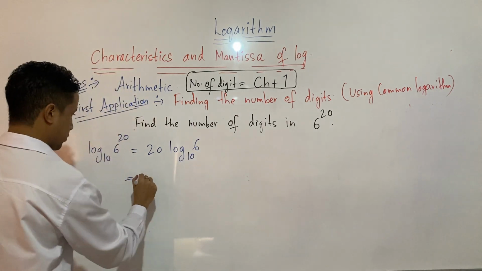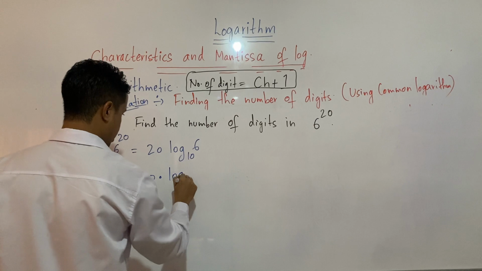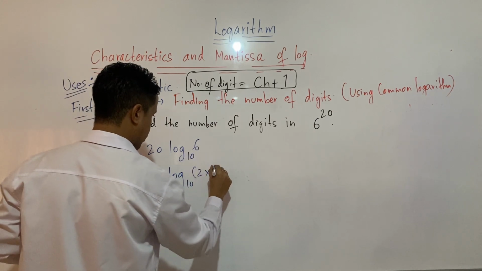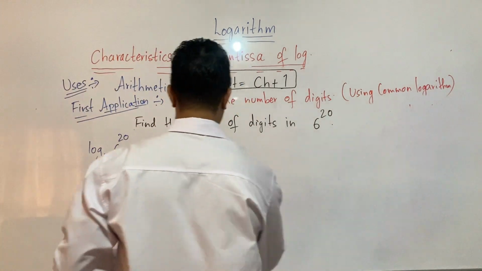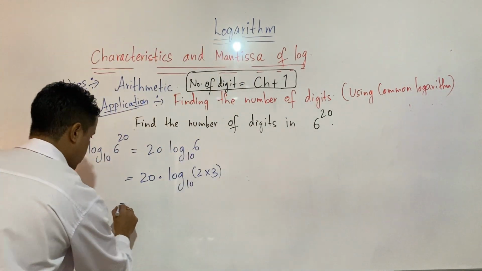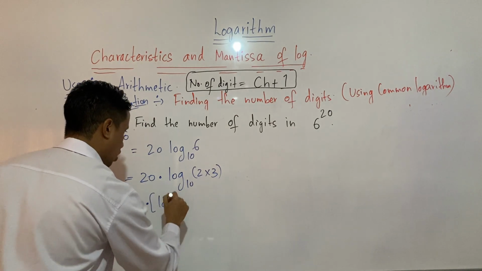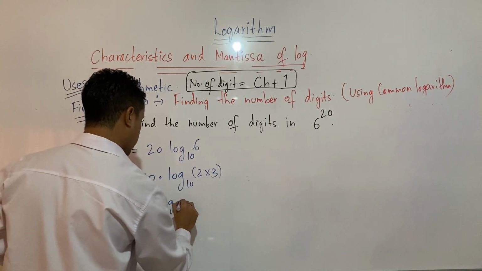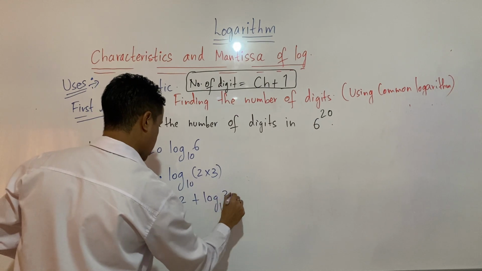Here, 6 can be written as 2 multiplied by 3. And now I can use the product rule: 20 multiplied by log of 2 to the base 10 plus log of 3 to the base 10.